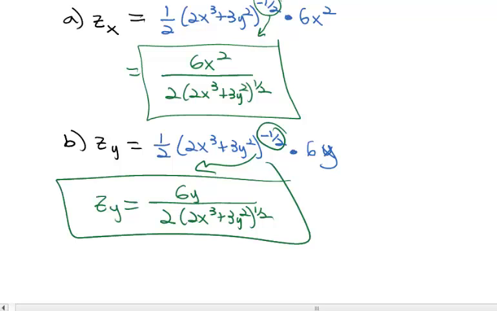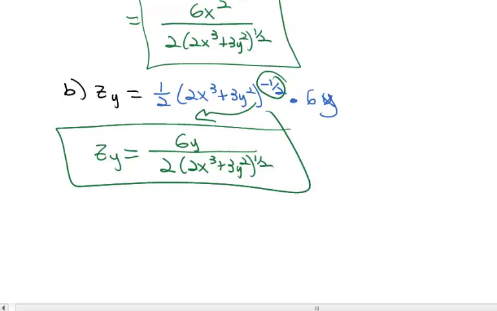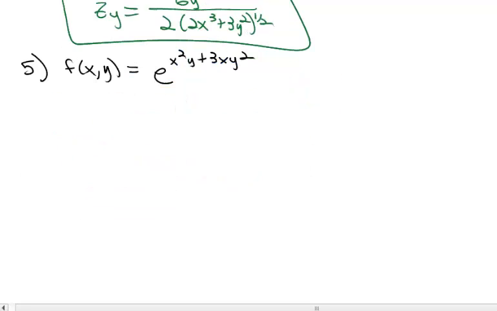Let's do another one. Let's say f of x, y is equal to e to the x squared y plus 3xy squared power. So all that stuff is in the exponent.